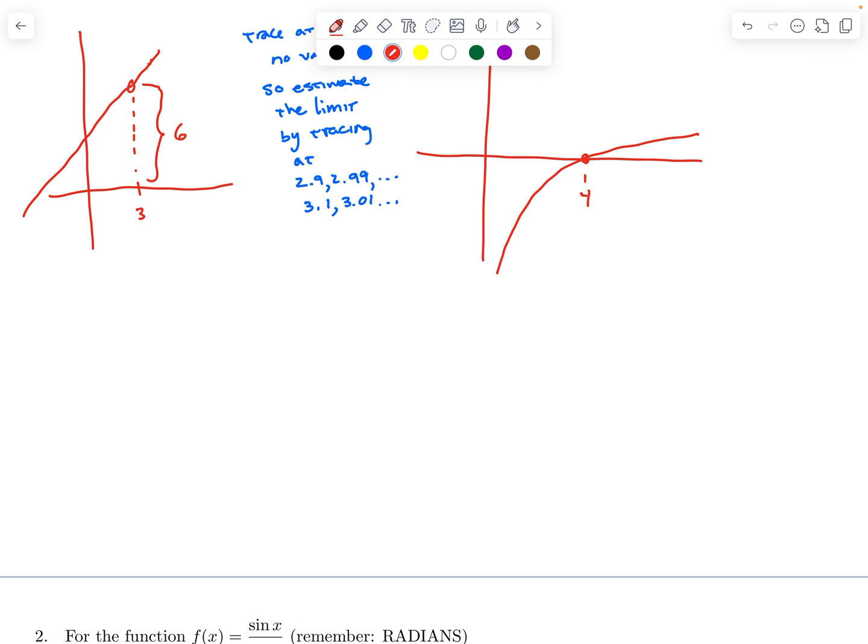Okay, so I really want to make sure people understand why we're doing this. So first of all, the limit is the height.